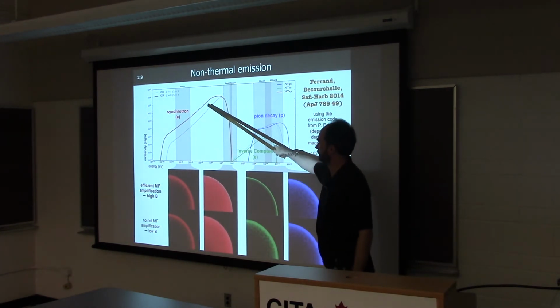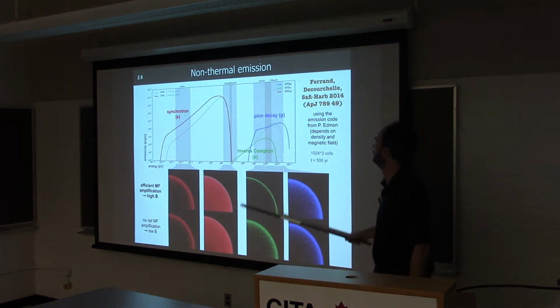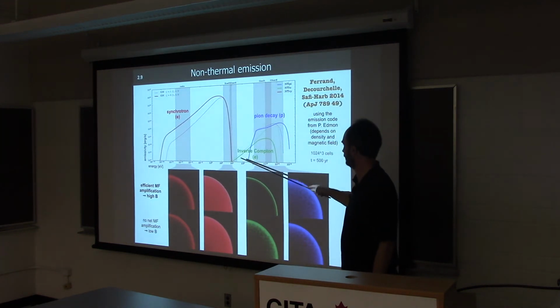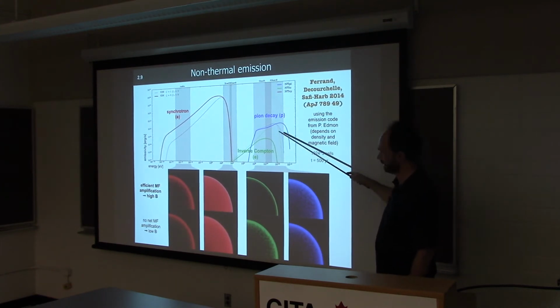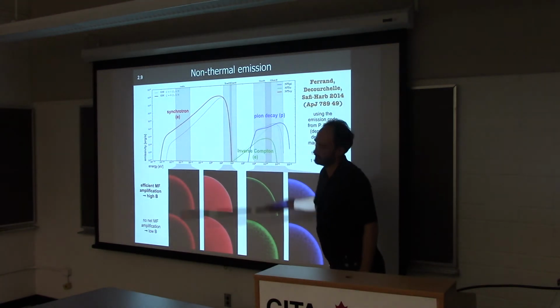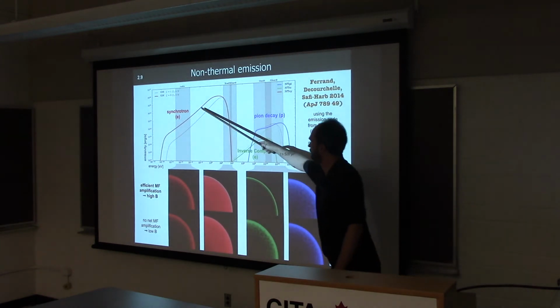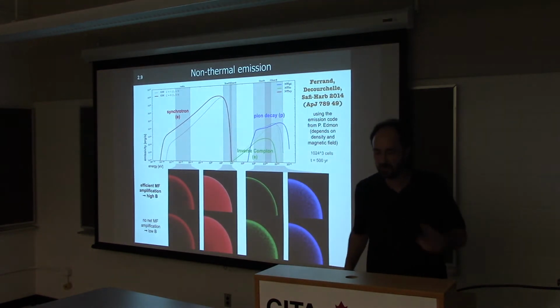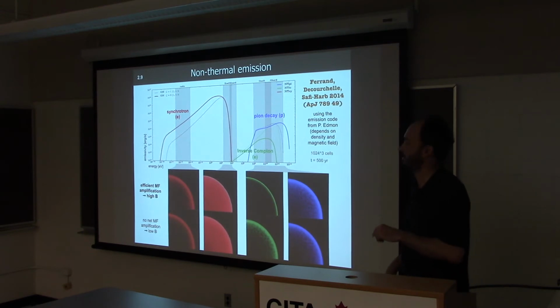Synchrotron emission from electrons in red from radio to X-rays, inverse Compton from electrons, gamma rays in green, and pion decay for protons, gamma rays in blue. And the thin one is without magnetic field amplification, and the thick lines are with efficient magnetic amplification by the particles at the shock front.